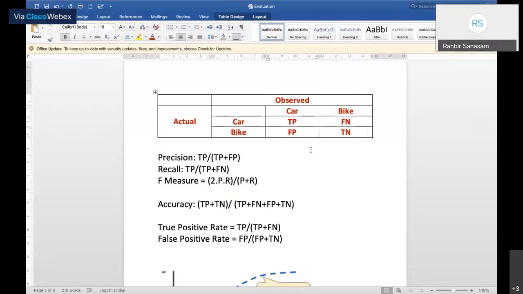How do you visualize yes or no? If I'm targeting car, car is the yes. If I'm targeting bike, bike is the yes.